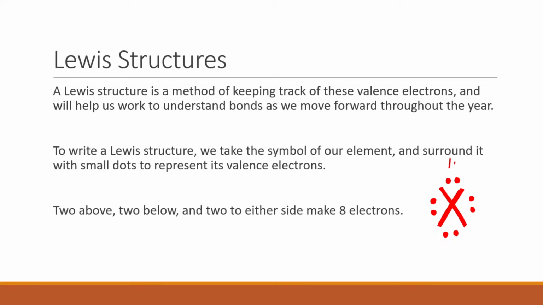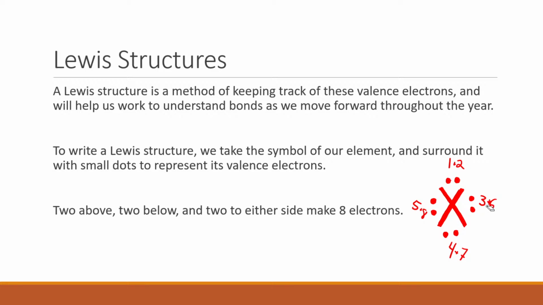The first 2 need to go up top. Then we need to go around in a clockwise fashion. So the third one's going to go here, 4th on the bottom, 5th on the left. And we're going to keep going around. So our 6th is also on the right side, our 7th is on the bottom, and our 8th is on the left.